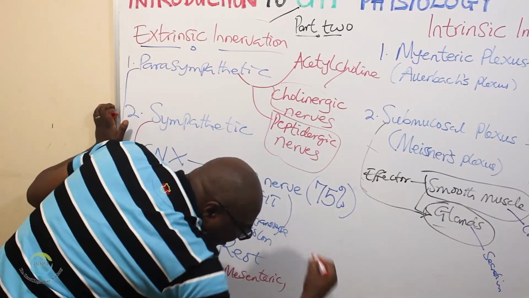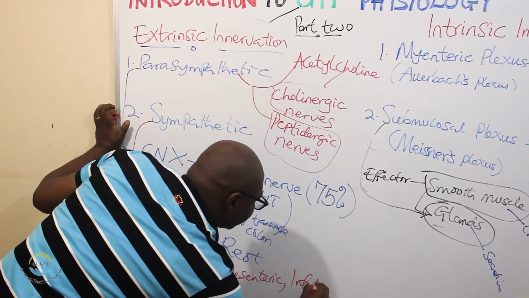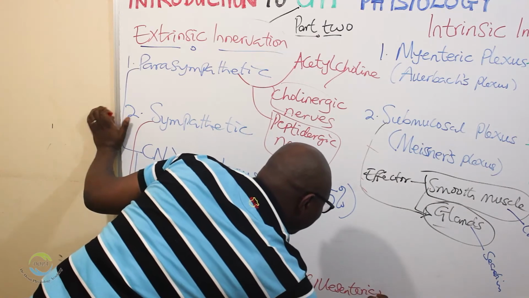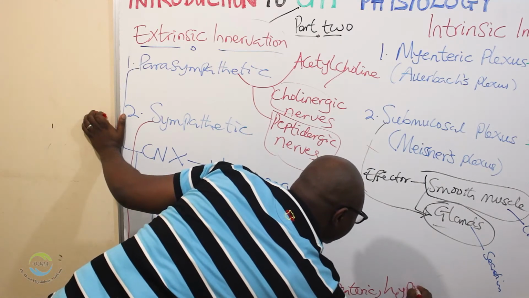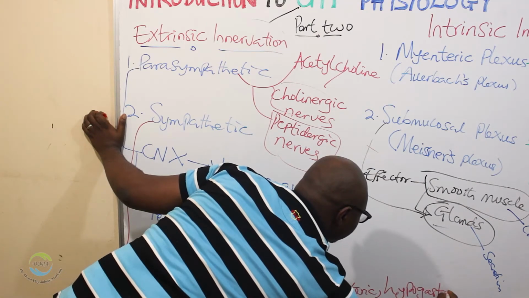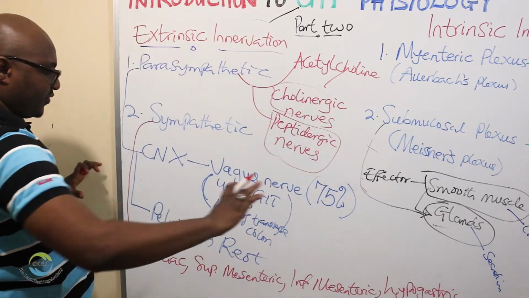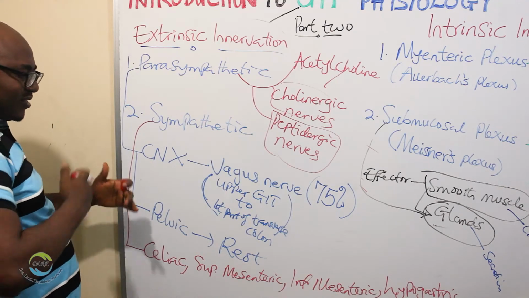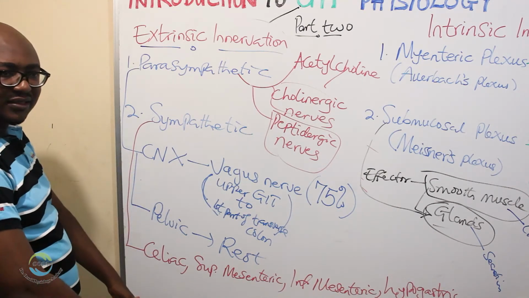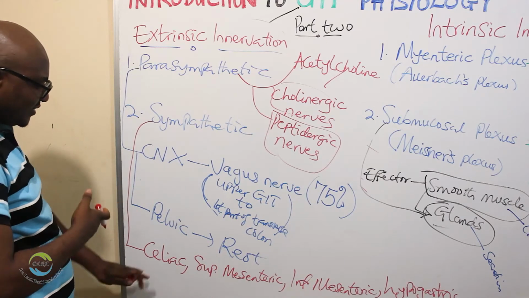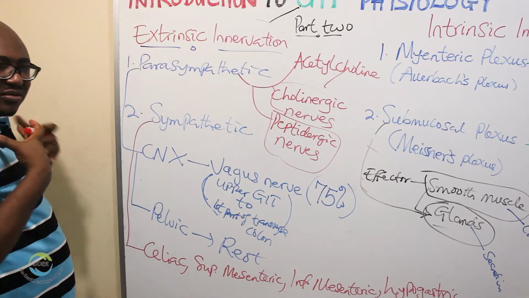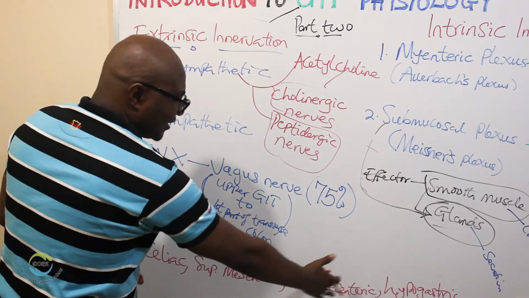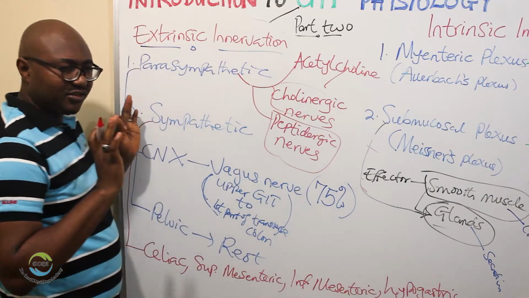Another one is the inferior mesenteric nerve. Then the last one is the hypogastric nerve. 4 of them. Celiac, the first part, superior mesenteric, inferior mesenteric, hypogastric. So they supply different parts. The celiac, the upper part, usually around the stomach and all of that. Superior mesenteric, some part of the intestine, large intestine, down, hypogastric.